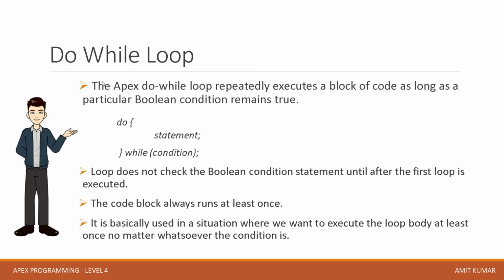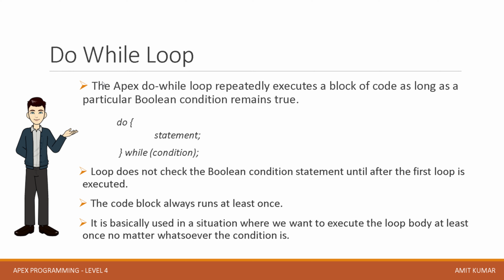There is another difference: a while is an entry controlled loop. So whether the loop will execute or not is decided at the time of entry, whereas a do-while loop is an exit controlled loop. That means whether the loop is going to iterate or not is decided at the end of the loop.